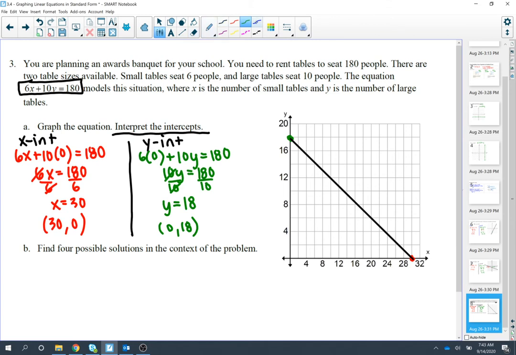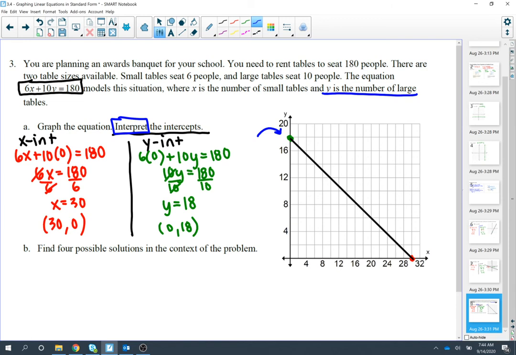Now, the last part is it said that we have to interpret the x and y intercepts. I'm going to look right here at my y-intercept. Y is the number of large tables. If y is 18, what is actually happening there? If y is 18, that means x is 0.